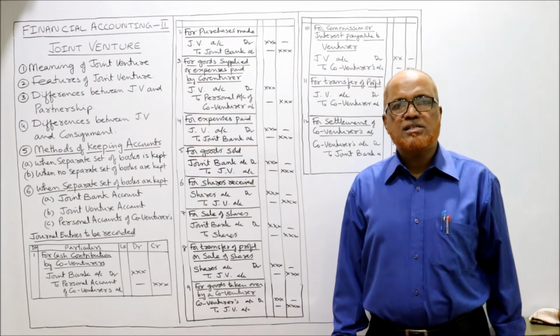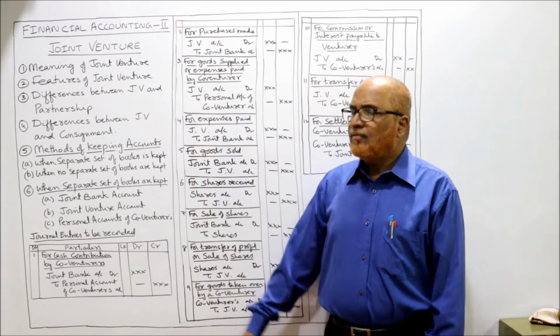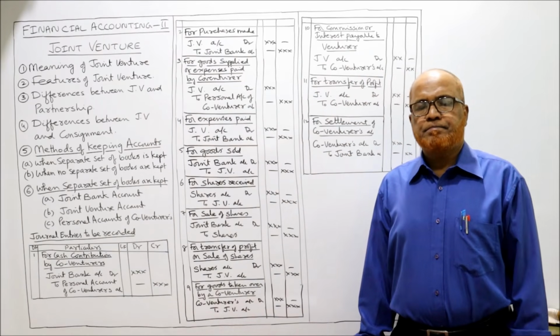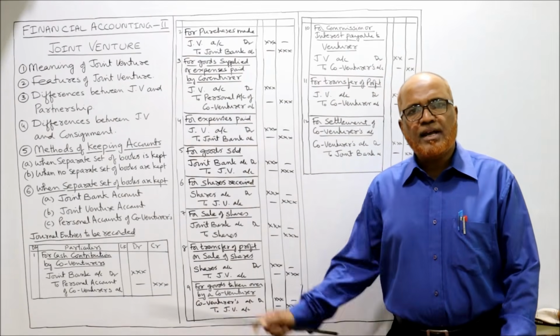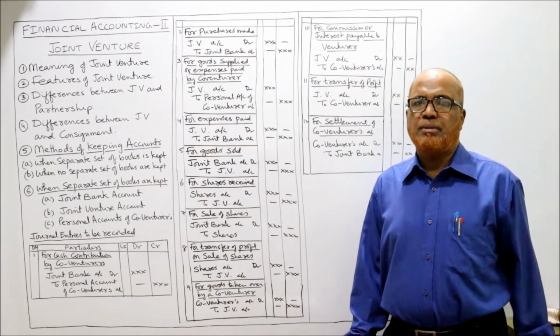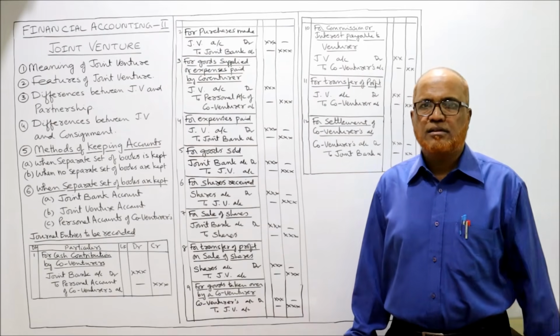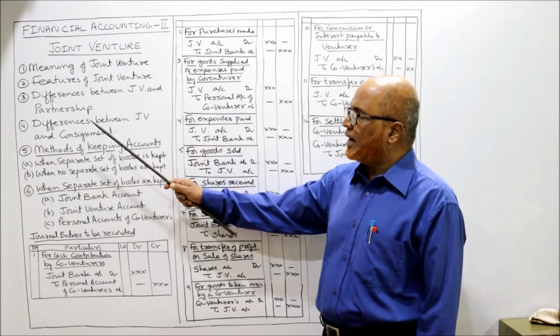These are some of the differences between joint venture and partnership. Joint venture is only a temporary partnership, whereas a partnership is a long-term agreement to do a business.